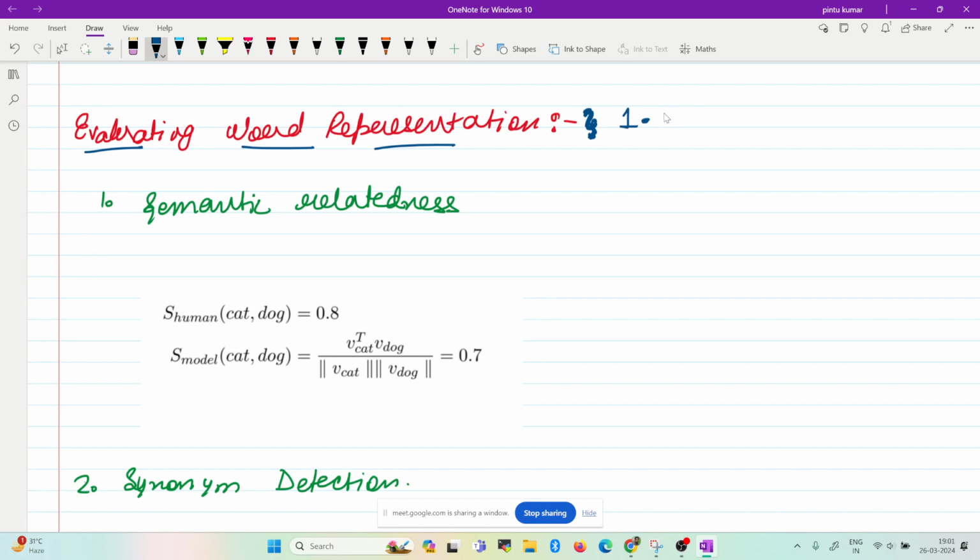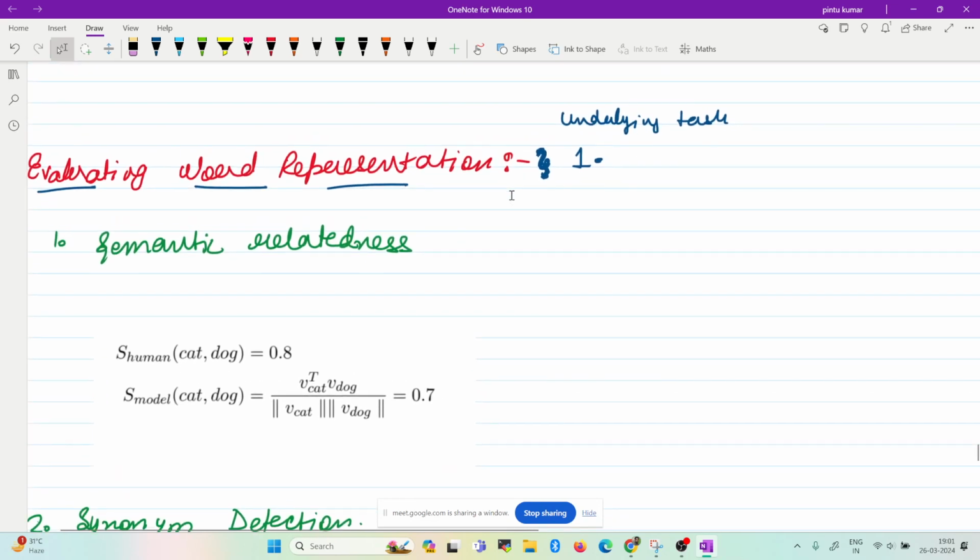What is the role of learning representation? You want to do some underlying task, for example, to classify some comments that people have written, whether it is a positive comment, a negative comment, or a neutral comment. So the underlying task is classification.